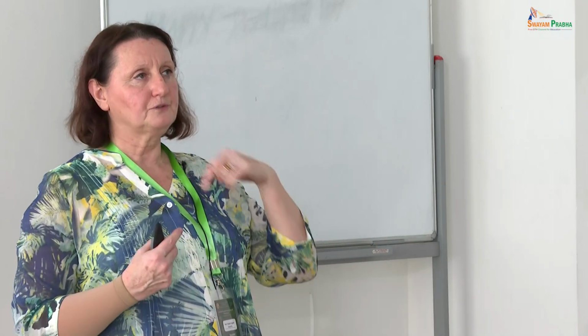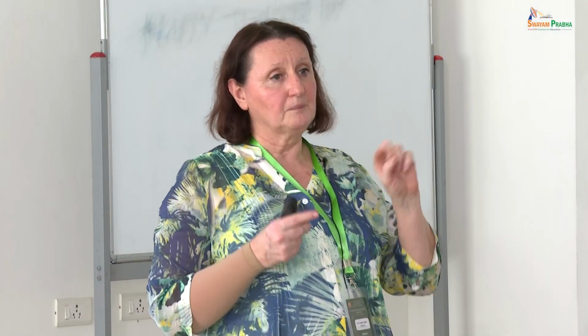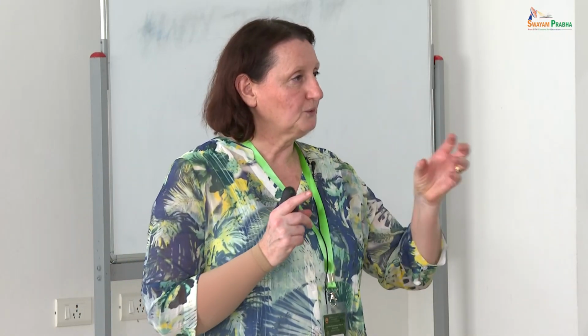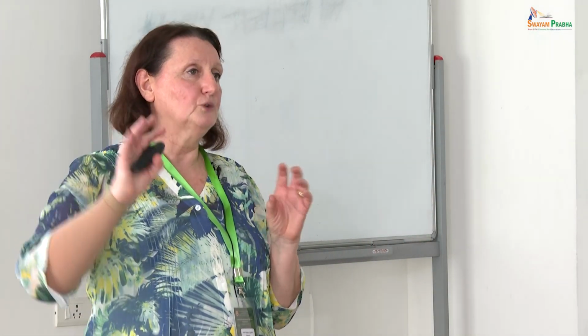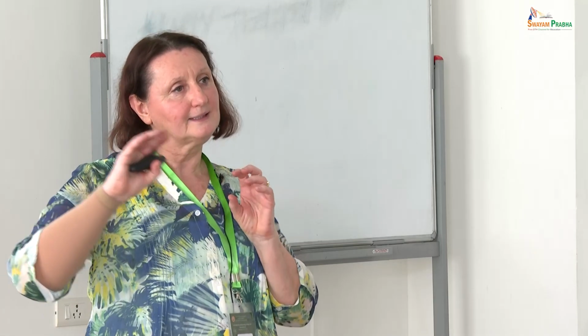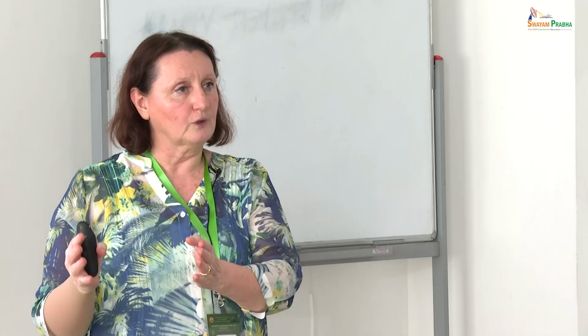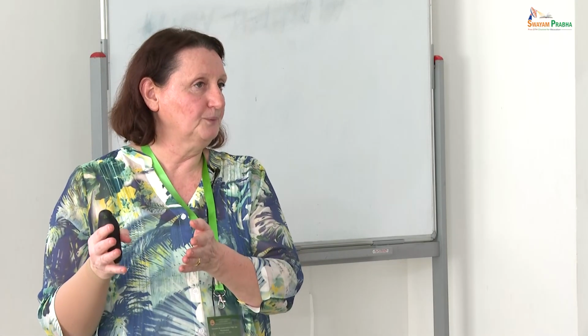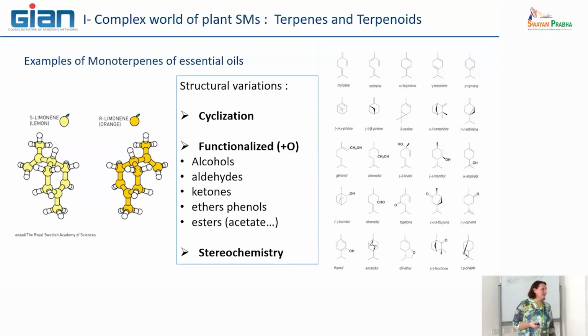So we need to find which enzyme is able to produce one isomer instead of the other, in order to address our production directly to the metabolite we want. Unfortunately, lots of terpenes have isomers, so we need to take this into account when we want to develop a production process. Okay?